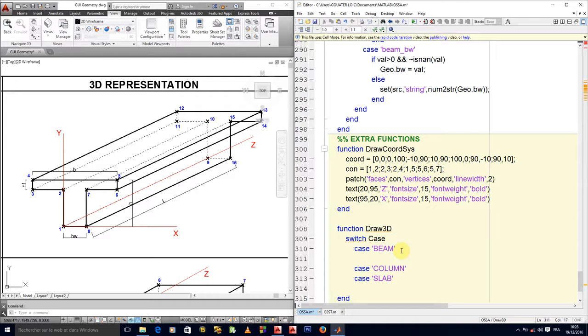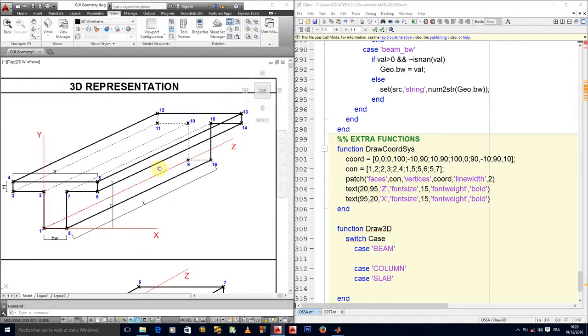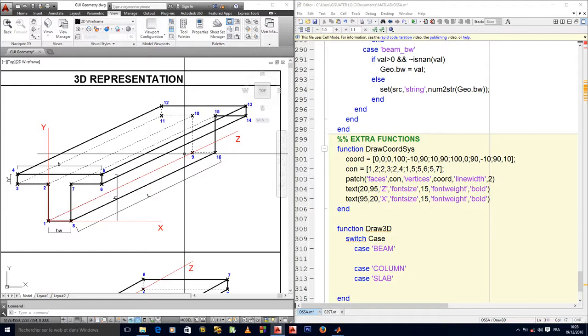To draw this 3D, what I'll use is the patch function. As simple as that. With the patch function, there are two main parameters I'll need to indicate: the vertices, here 1, 2, 3, 4, 5, 6, and all the like, and the faces, which are the surfaces that actually draw my 3D element.